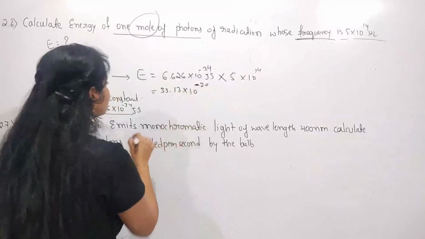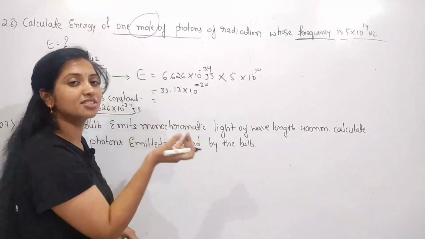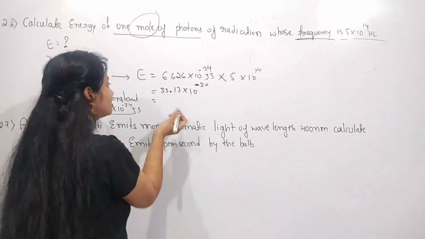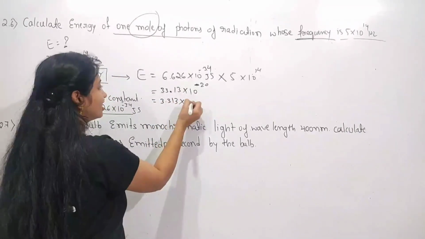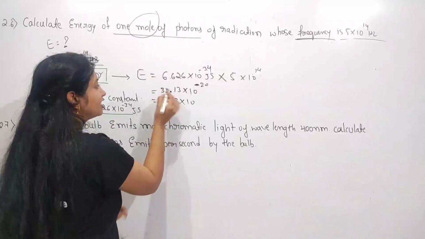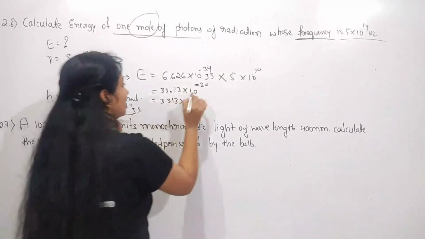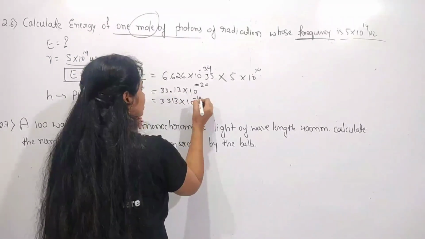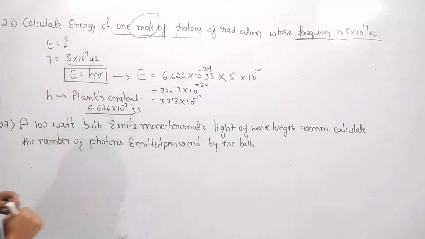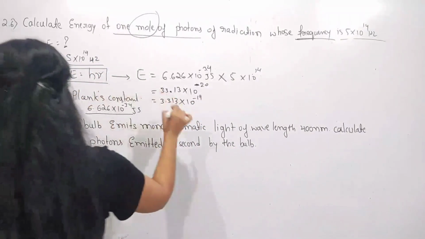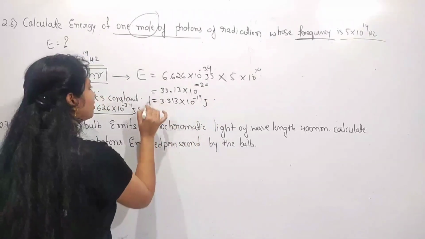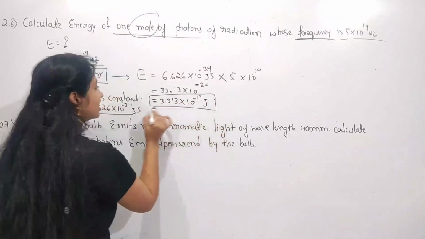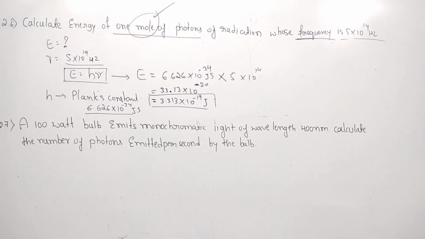Then I shift the decimal point by one digit: 3.313 × 10^-19 joule. This is the energy of one photon.